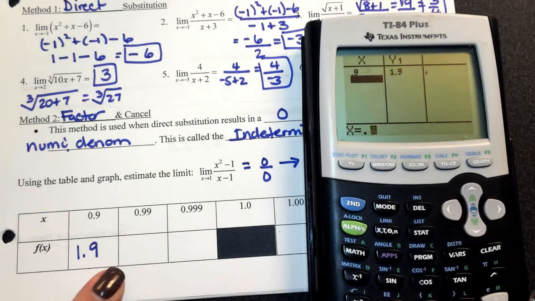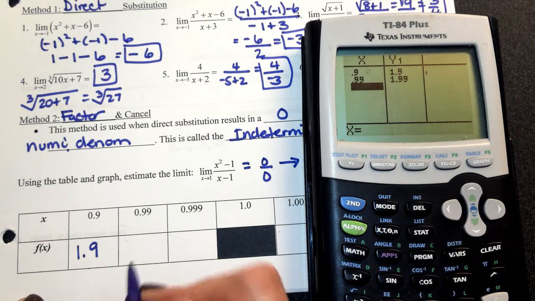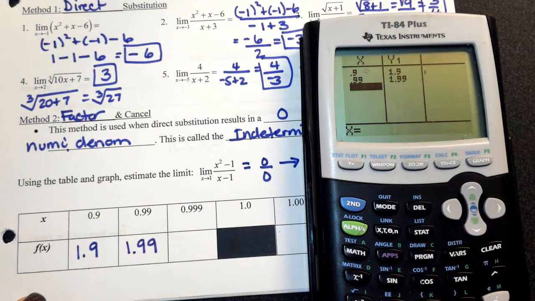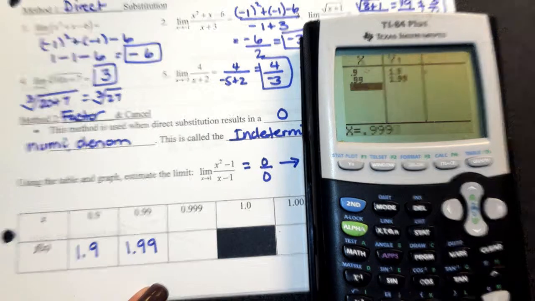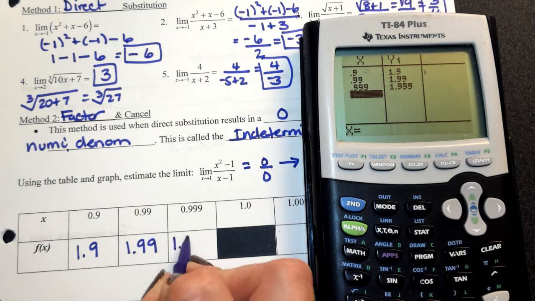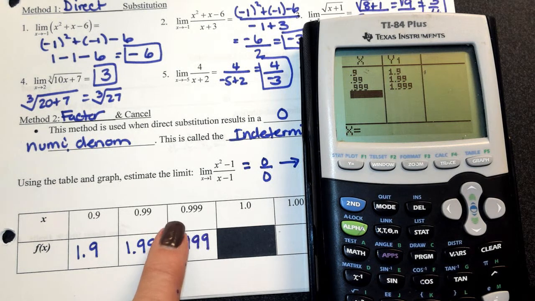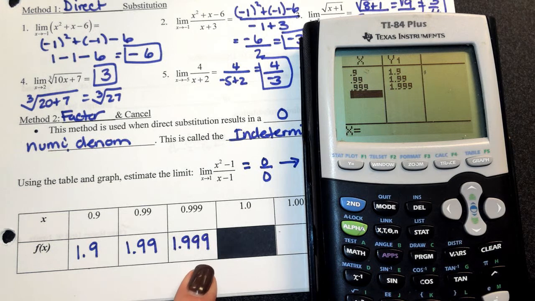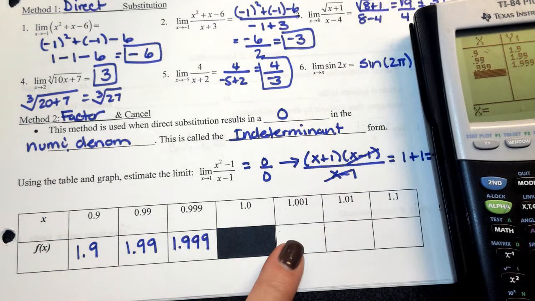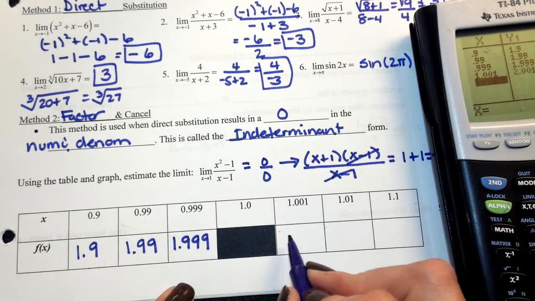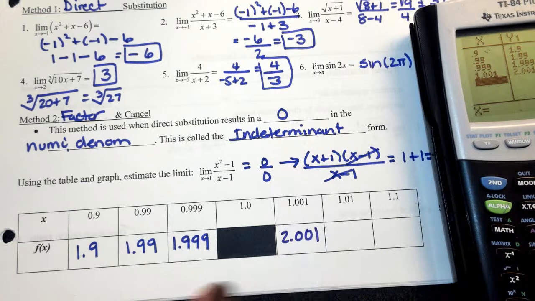When I type in 0.99, that gives me 1.99. When I type in 0.999, that gives me 1.999. So as you can see, the closer you're getting to an x value of 1, the closer your y values are approaching 2. Then if I look at my x value slightly larger than 1, 1.001 is 2.001.